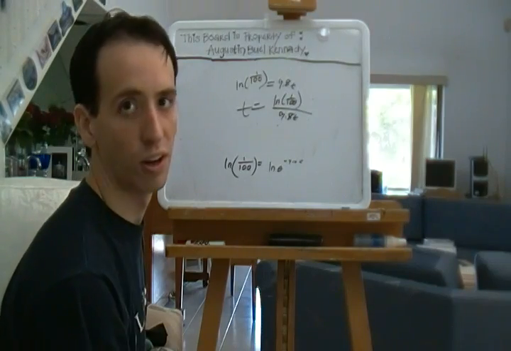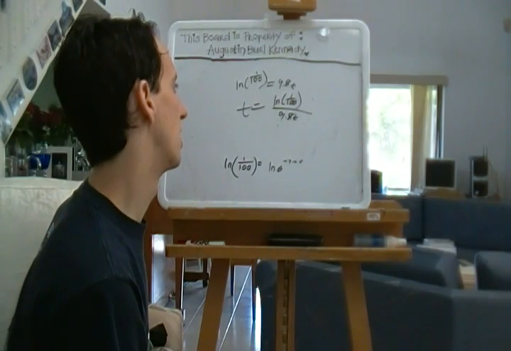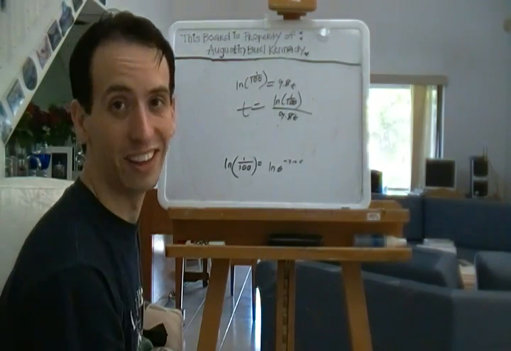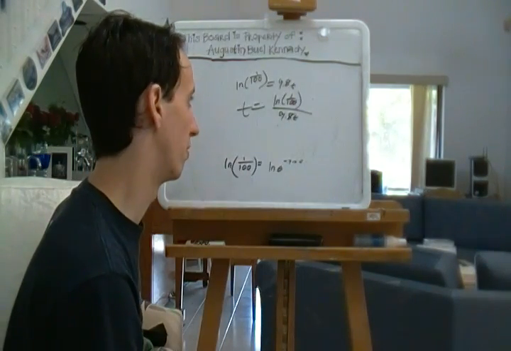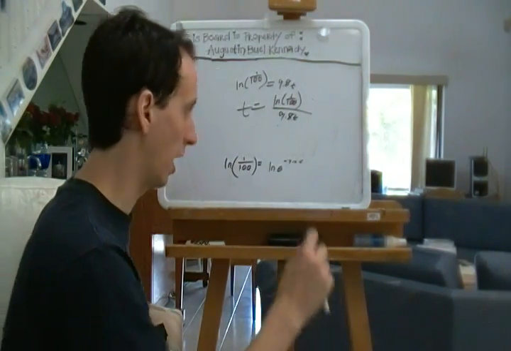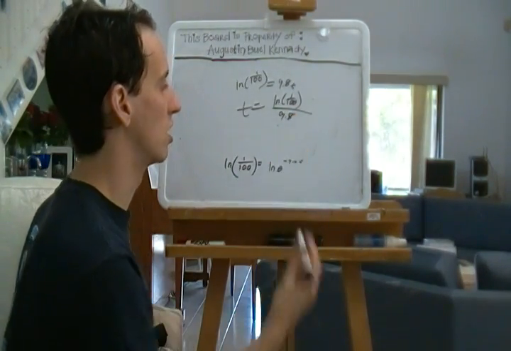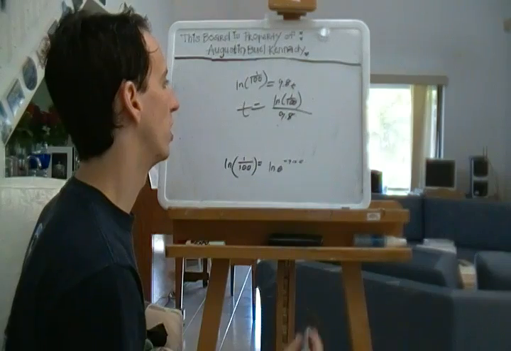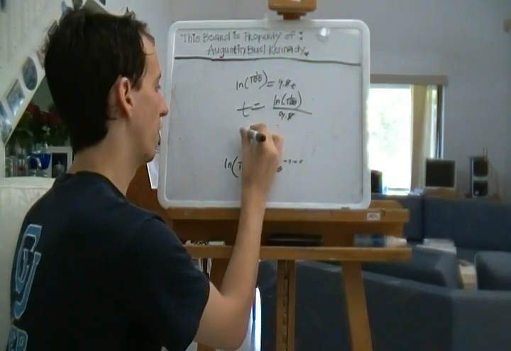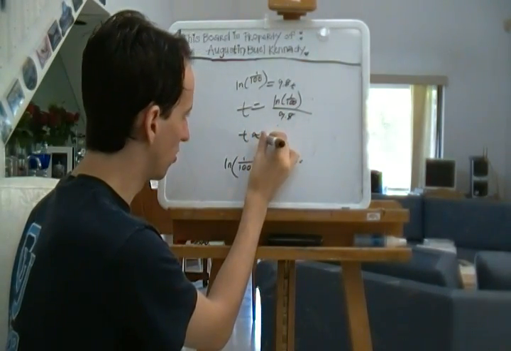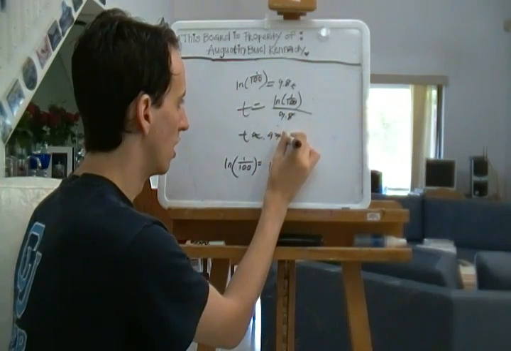What's going to happen here is you're going to need a calculator if you want to solve this function explicitly. We need to use a calculator and figure out that t is approximately equal to 0.47 seconds.